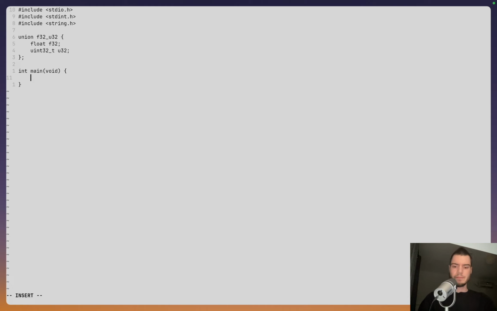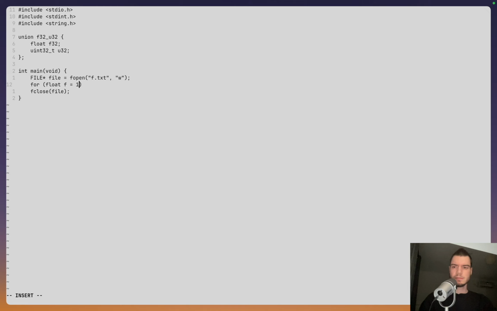So let's do that. Let's just create a file. I'm just going to call it f.txt, and I'm going to open it in write mode. Don't want to forget to close that. And now we want to iterate through a bunch of floating point values. So I'm just going to create a for loop.